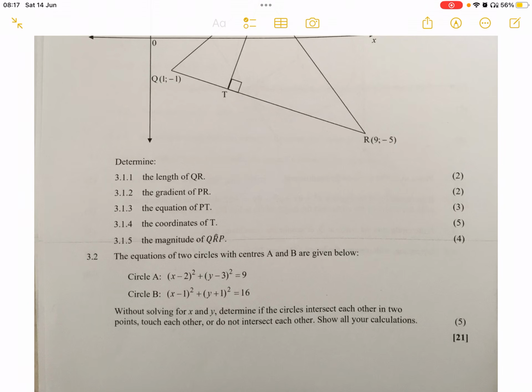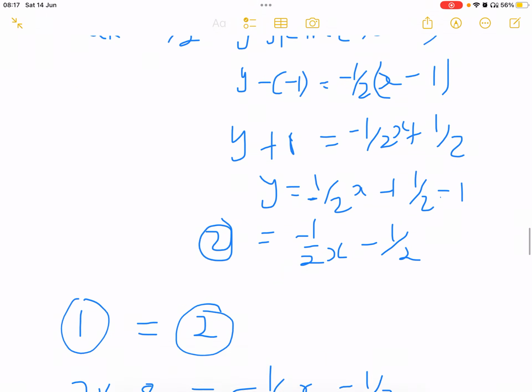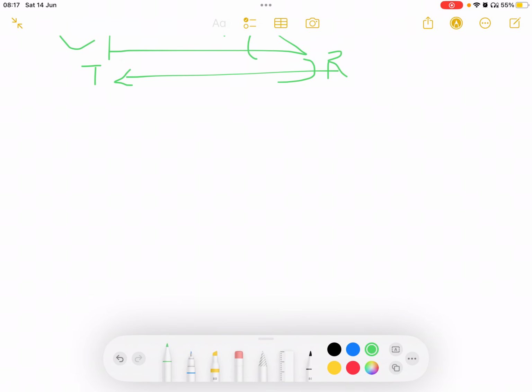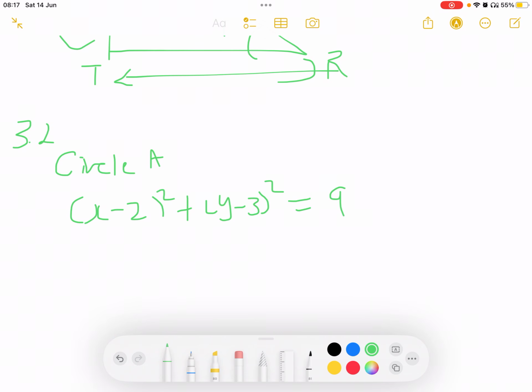Show all your calculations. This is how I teach this type of question because it's always there in the last ones. So 3.2, we'll start with circle A. Circle A is given by (x − 2)² + (y − 3)² = 9.